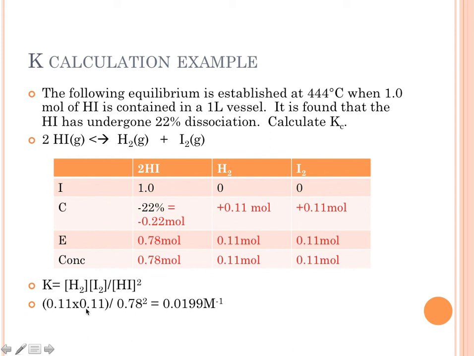So I've got 0.11 squared over 0.78 squared, which gives me 0.0199 mole to the minus 1, I've written. I hesitated there because actually that should have no units, because the concentration of each of these is in mole per litre, and you've got mole per litre squared over mole per litre squared, so it will cancel out. And if that sounded horribly complicated, don't worry, because you're not assessed on K units.